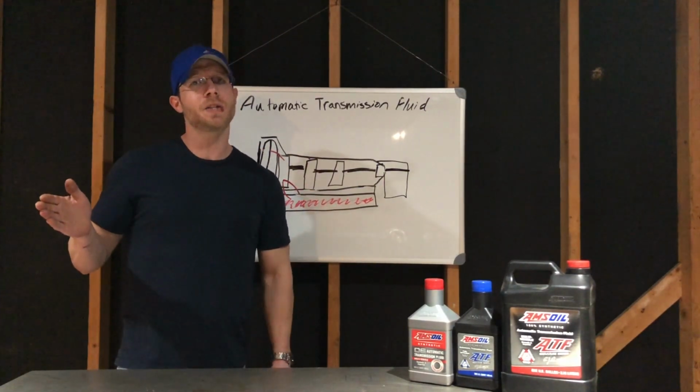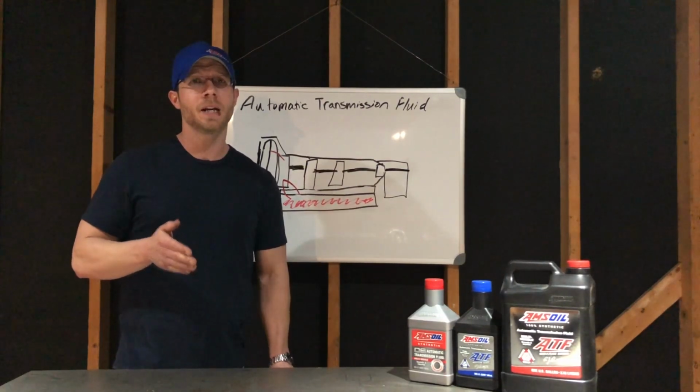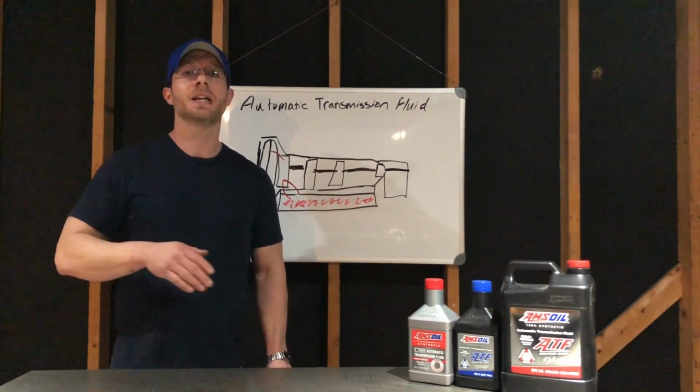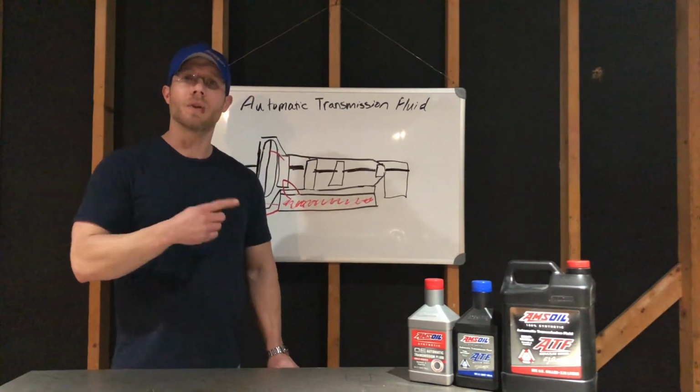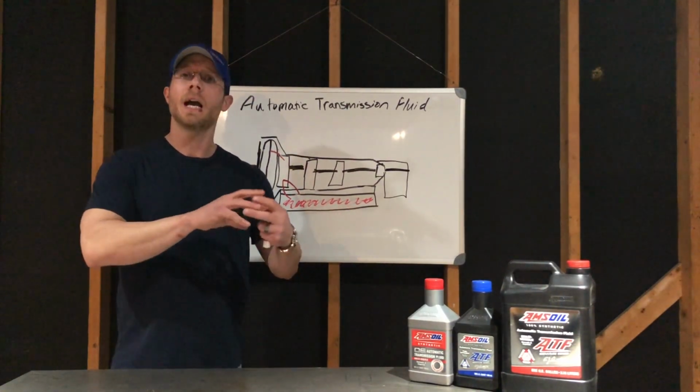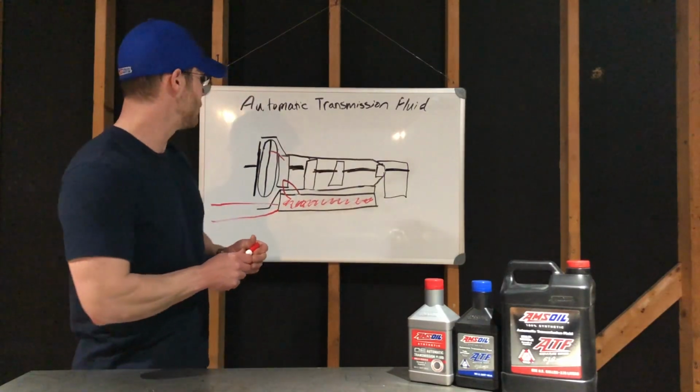This is what lets you stop at a stop sign, and then as you give it gas, the engine spins faster. It overcomes that torque converter, and then it allows you to move forward.